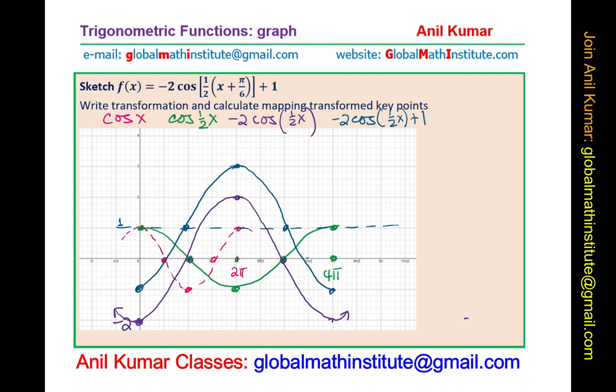Perfect. Now, finally, we'll sketch our final graph, which is the function itself, this particular function. It really means we are moving each point pi by 6 to the left. So this is what we need to incorporate. So pi by 6 is 2 divisions for me. So every point I'm going to, I'm here, so I'll move it here, right? So pi by 6 to the left. So see, that is how I'm going to move the point and then sketch the graph. So that is my points, correct? So each division is pi by 6 to the left.